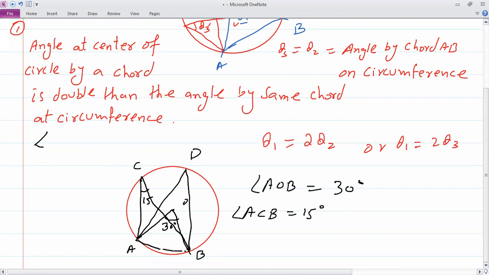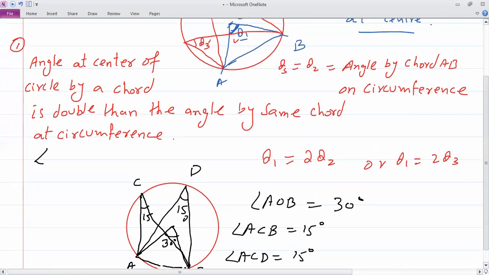In the same way, this is by the chord AB. AB is also making this angle on the circumference. So this should also be half the angle at the center, because look, ACB and ACD, both angles are by the same chord AB. So they will always be half the angle at the center. So this will also be 15.